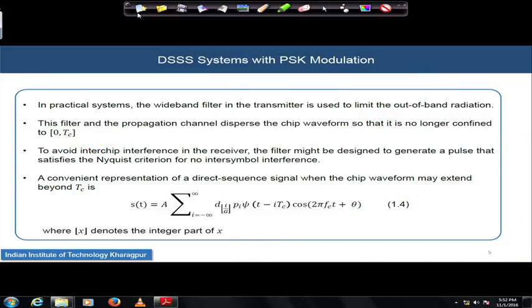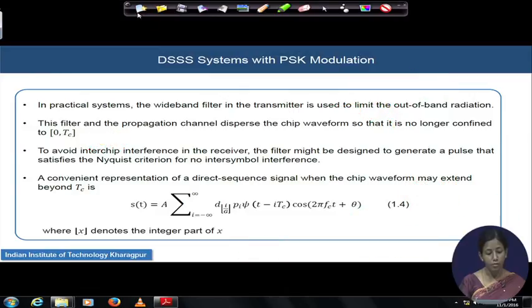Now, with this understanding, if there is a spillover of the pulse over the duration of the TC, then the direct sequence signal should not look like the way we have written it earlier. Now, the sequence will look like this, where this part is the integer part of I by g.